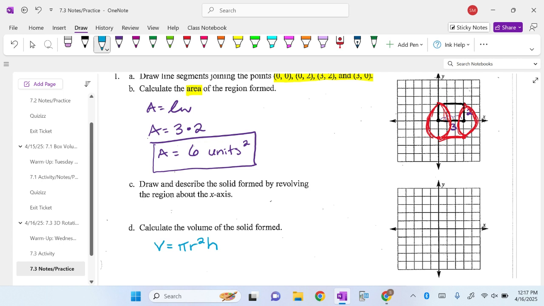So if I draw my cylinder, I'm going to draw it down here again, just so we can see it. So it looks something like this.